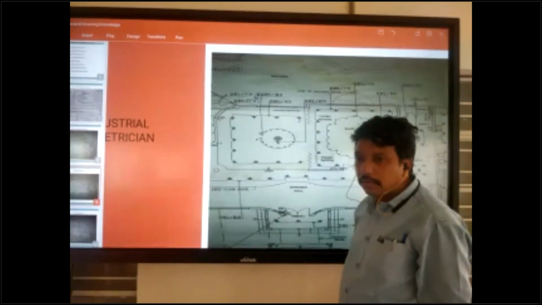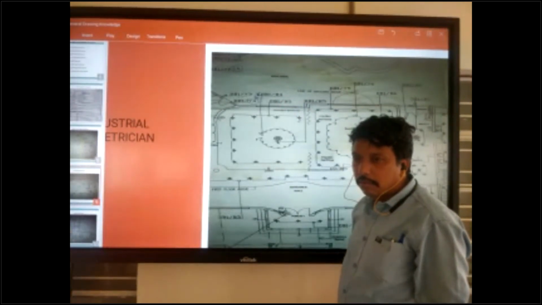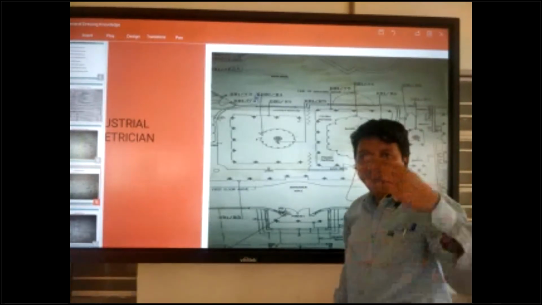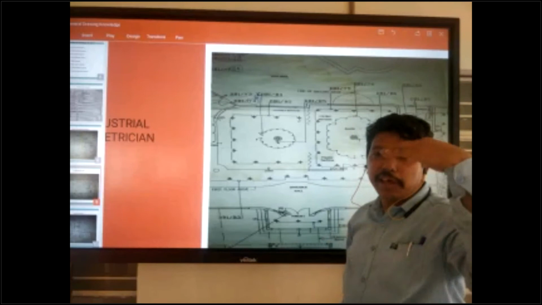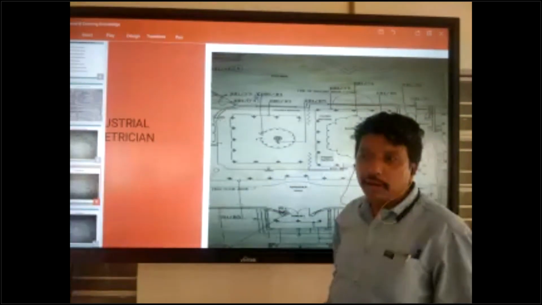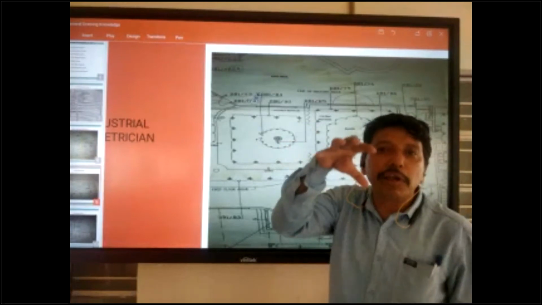Sir, are all bulbs connected in series or parallel? Lights are parallel. Okay, sir. Parallel and series circuits are coming in the next class, and I will explain about this. For now, just take the drawing knowledge.